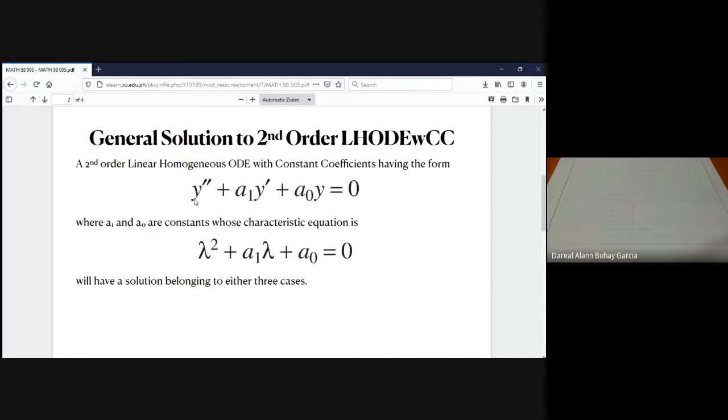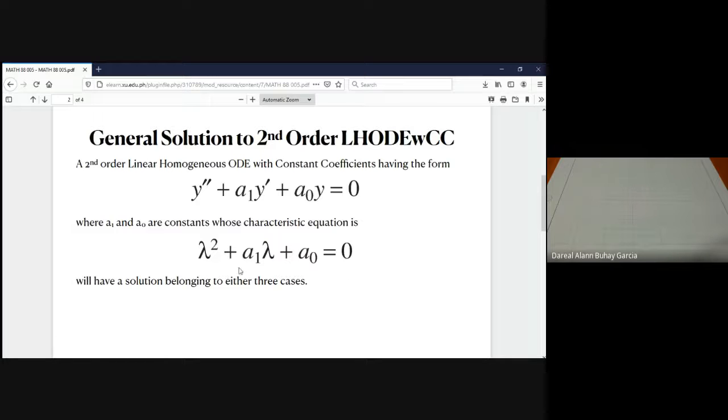So si y double prime is lambda squared. Si y prime, first derivative lang man so that's why lambda. Si a sub 0 y wala man siya gi-derive, so lambda to the power of 0 or 1.